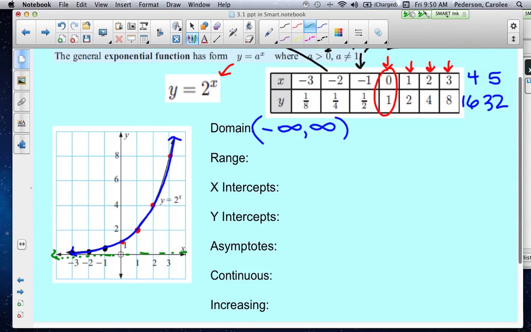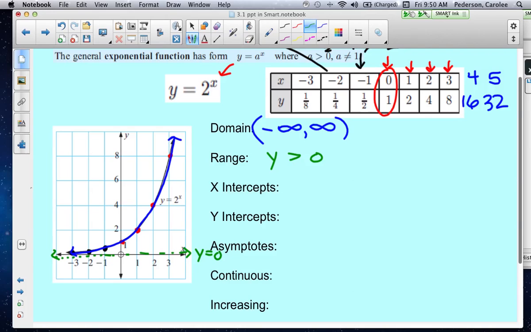It's a horizontal asymptote at y equals 0. So for your range then, are there ordered pairs falling below that horizontal asymptote? No, the graph is not existing below that horizontal asymptote. So the range would then be what? Numbers greater than 0, so it would be y greater than 0.